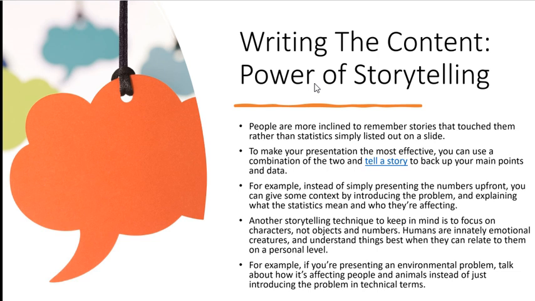Another thing you have to keep in mind if you are going the way of storytelling is to focus on the characters. Make a story which involves characters, not objects. Instead of saying, I saw a car which was going this way, if you say, I saw a man in the car which was going this way, this is a better way.